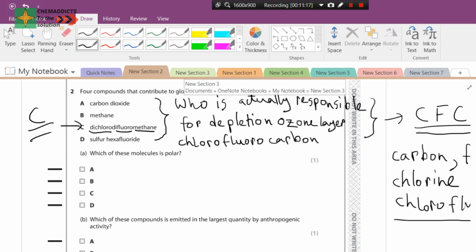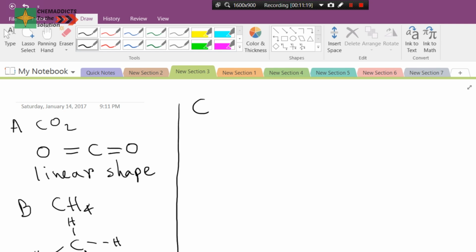dichlorodifluoromethane. So dichloro, CCl2F2, is the molecular formula for dichlorodifluoromethane. Okay, so now let's try to draw the molecular structure of this molecule.